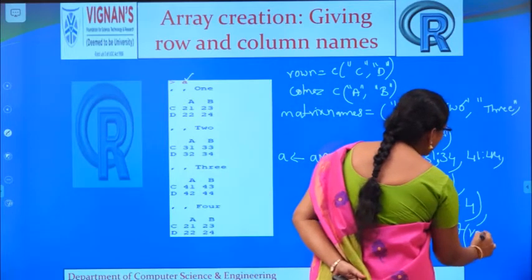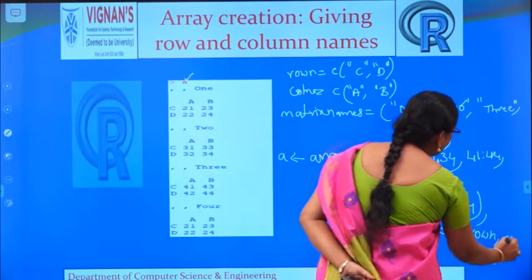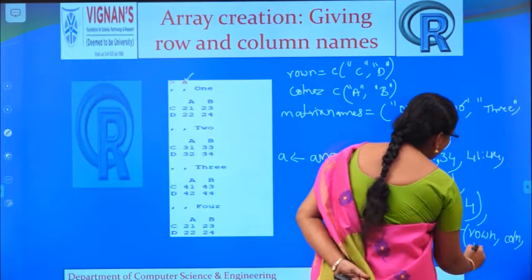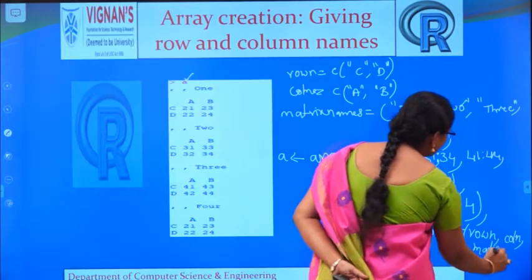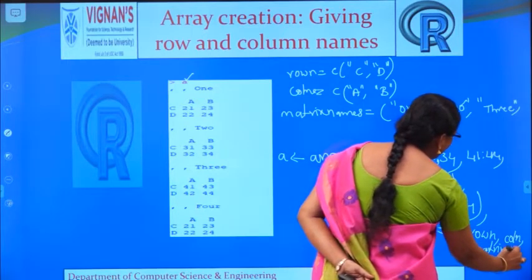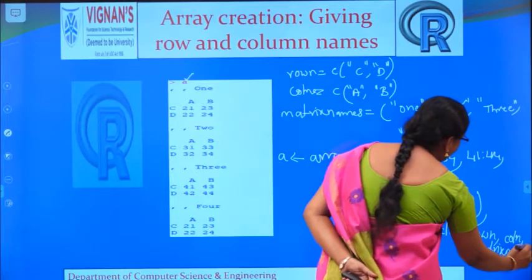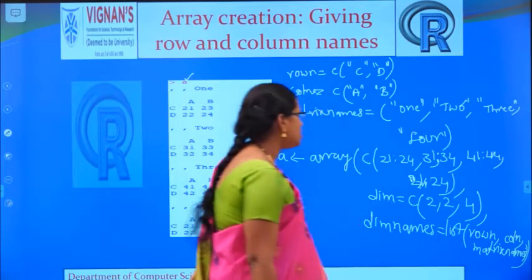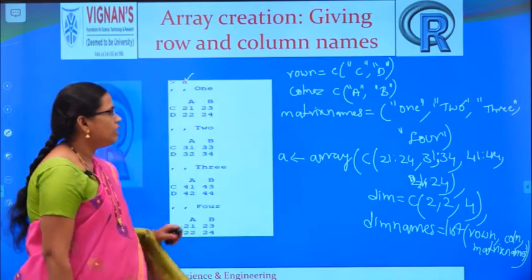So one is the row names, other one is column names, other one is matrix names. So like this we will create an array for a given example.